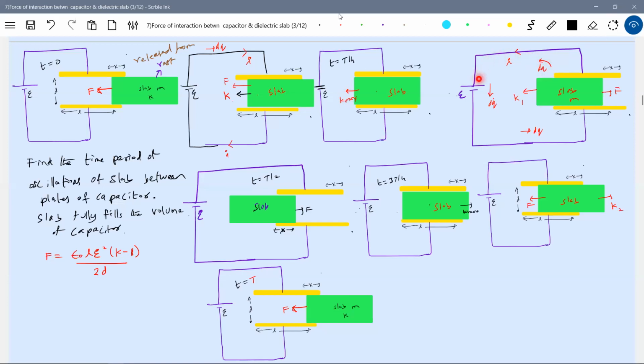The charge will flow in this way here. Okay, this again should be in this direction. Some good conceptual questions will be asked. That's why I'm showing all the diagrams, charge flow, everything.